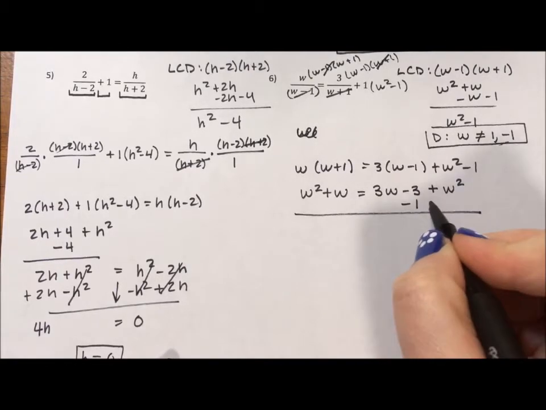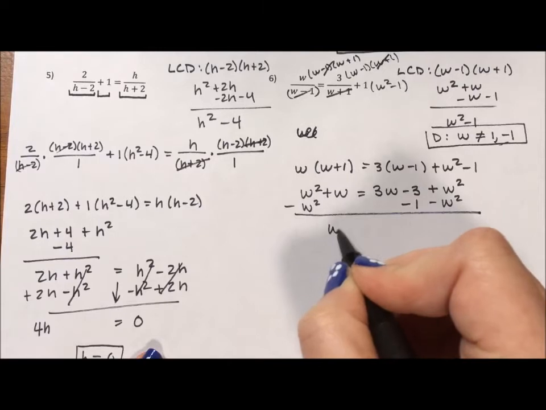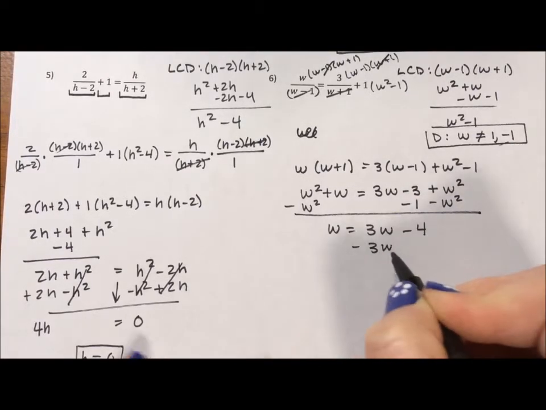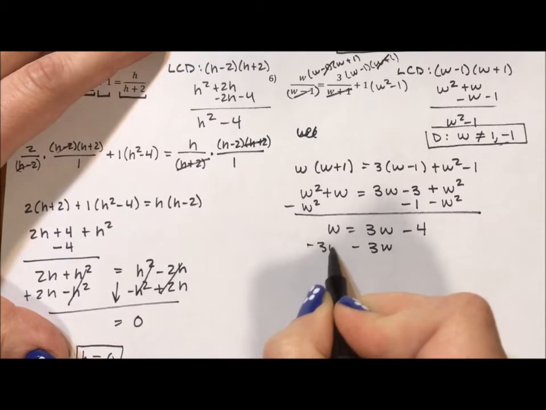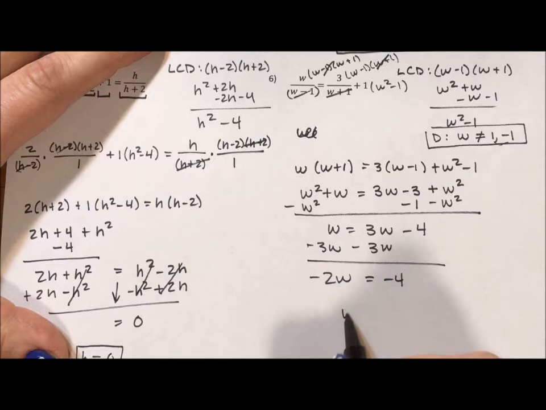I'm going to also do a minus w squared while I'm here, so I'll have w equals 3w minus 4. Subtract that 3w over. Negative 2w equals negative 4, or w equals 2. I'm going to leave plugging that back in and checking up to you.